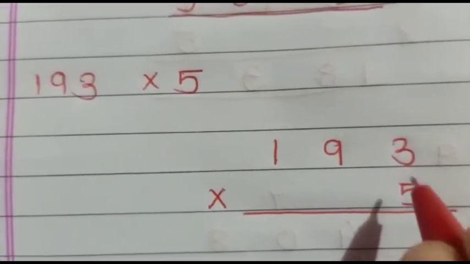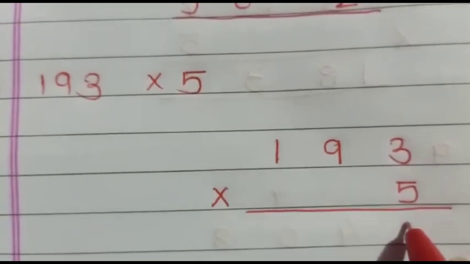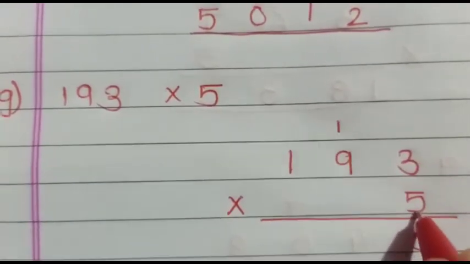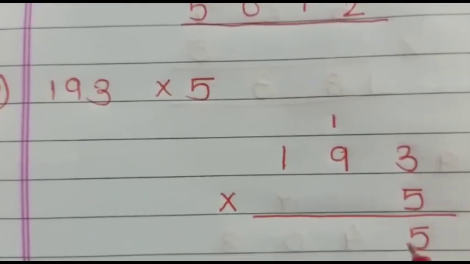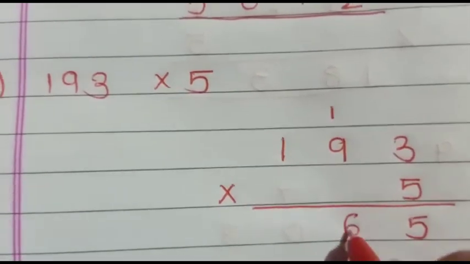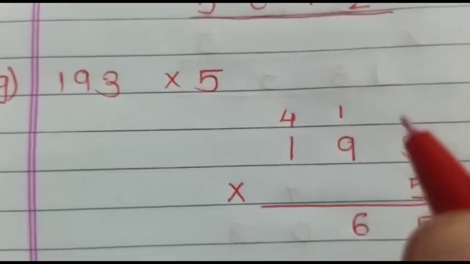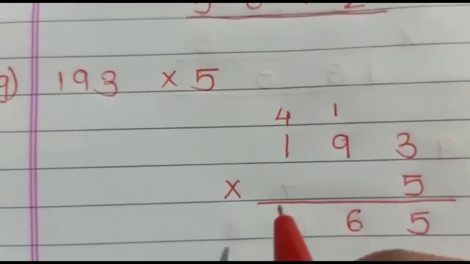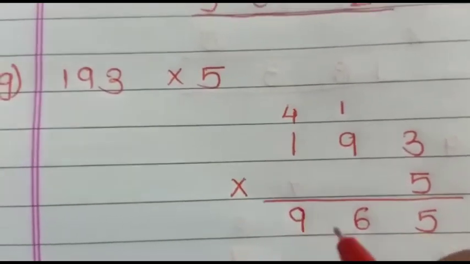Now let us see, 5 3s are 15. So 5 you will write, 1 you will carry. 5 9s are 45 plus 1, that is 46. So 6 you will write, 4 you will carry. 5 1s are 5 plus 4, that is 9.